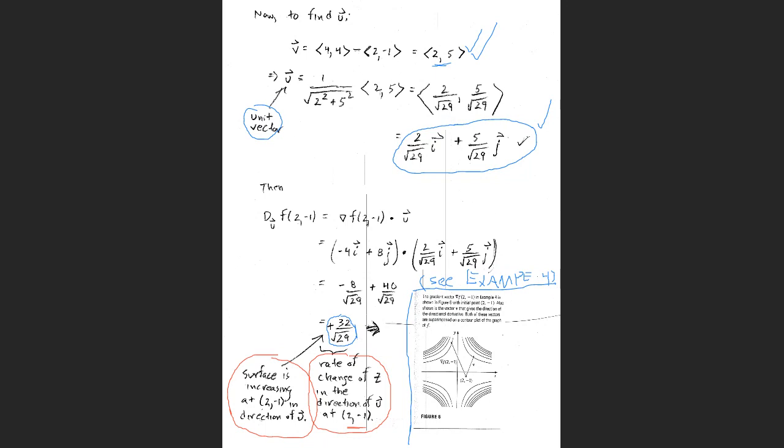And of course, this is example 4, by the way. So what they do here in the little picture for this problem in figure 6, and this goes with example 4, is they drew a contour plot of this function.